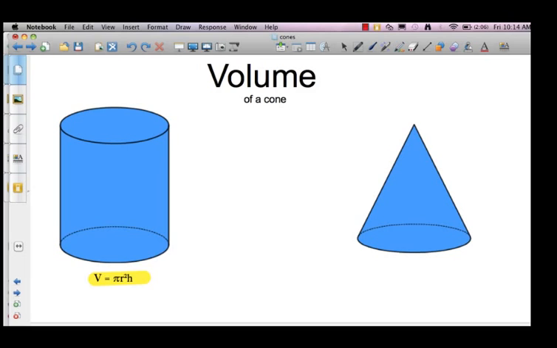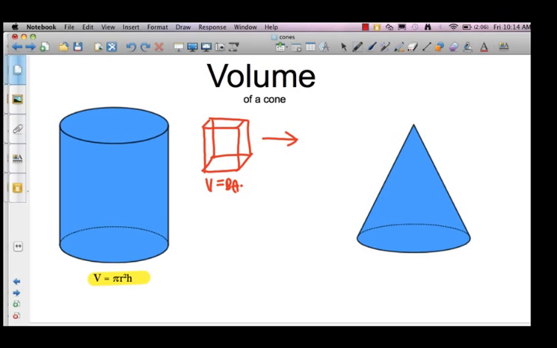We also know that if we take a pyramid and a cuboid, the relationship between the volume of a cuboid and the volume of a pyramid of similar base and height is going to be 1/3 the base area times height.